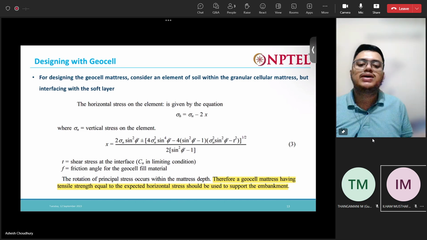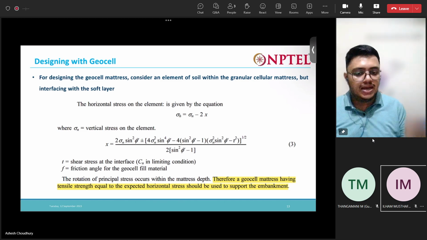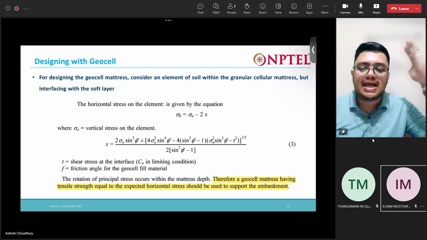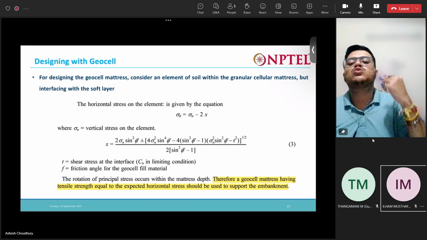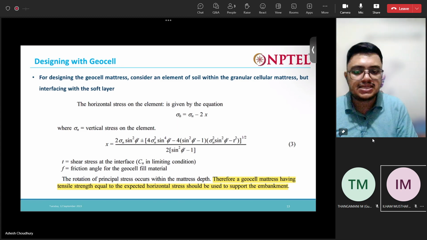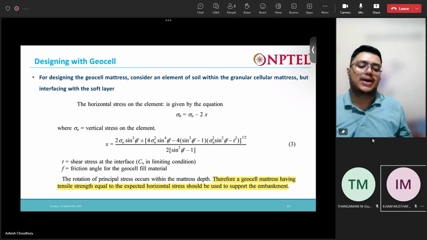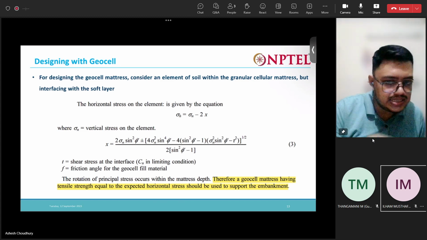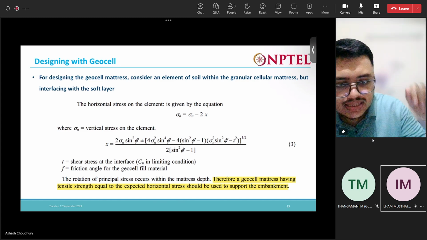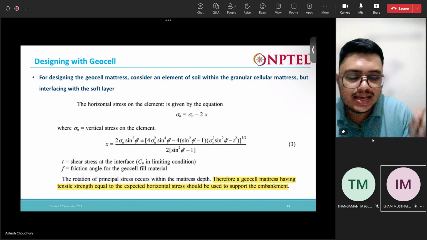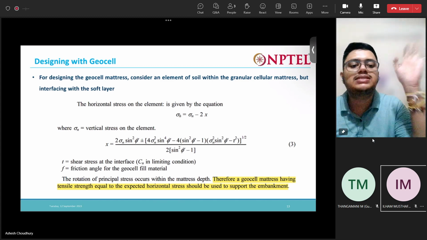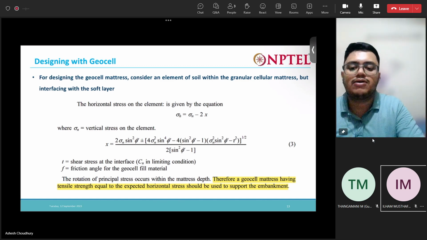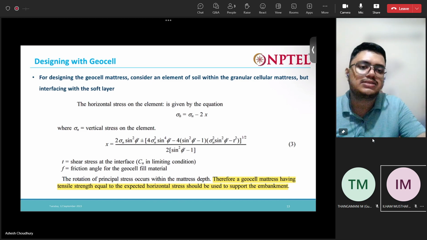Therefore, and this is important, a geocell mattress having tensile strength equal to the expected horizontal stress should be used to support the embankment. So we will be calculating the vertical stress, and the tensile strength of the geocell must be greater than the horizontal stress that will be active.